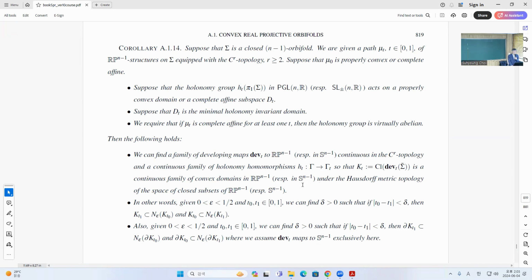Then this domain and the holonomy will converge in the Hausdorff topology. And this is the same as the Hausdorff metric topology, and the boundary also will converge in the Hausdorff metric topology in Sn.